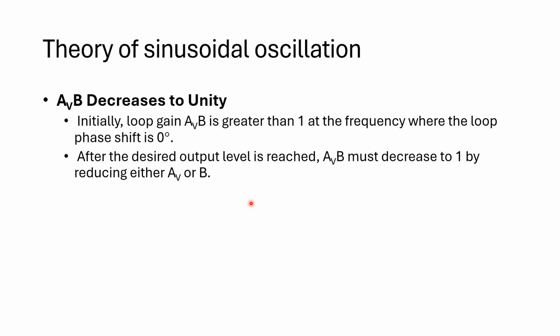There are two ways to decrease AVB to 1: we can either decrease your voltage gain, or we can reduce the feedback factor B. So initially, loop gain AVB is greater than 1 at the frequency where the loop phase shift is 0 degrees. After the desired output level is reached, AVB must be decreased to 1 by reducing either your AV or your B.